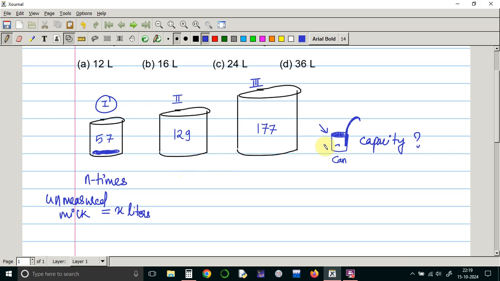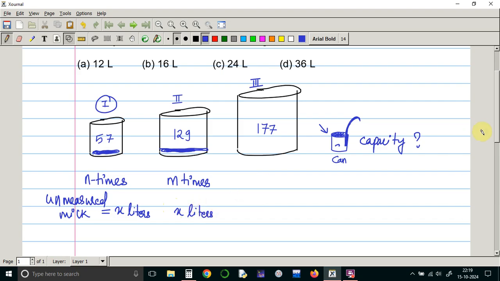and with the same can, if I am taking out milk from the second jar, say m times, and the remaining milk in this jar, which is unmeasured with the help of this can, is the same x liters.